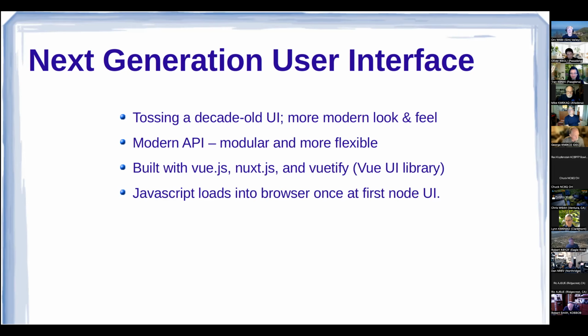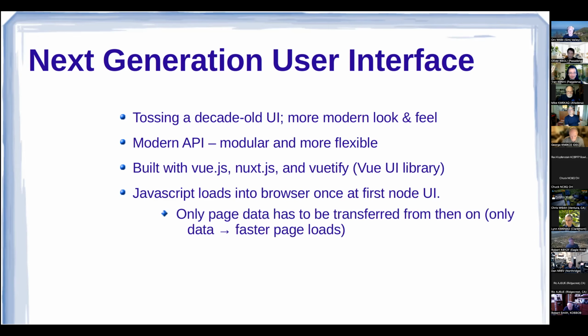The cool part about it is the JavaScript, first time you come to a node that's supporting it, will download to your browser, and from then on, you don't need to load it again. From then on, only thing that loads when you reload is the page data, TXM, BPS, not the whole page UI, just the data. So it should be much smaller data transfers and much faster resulting page loads.